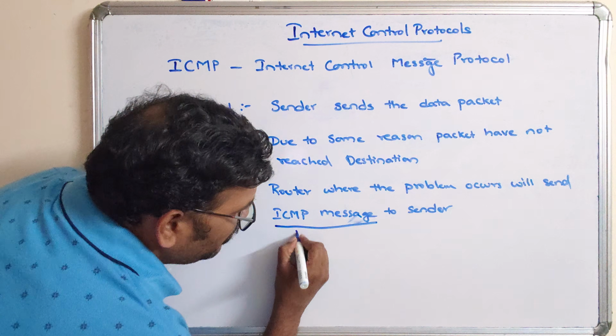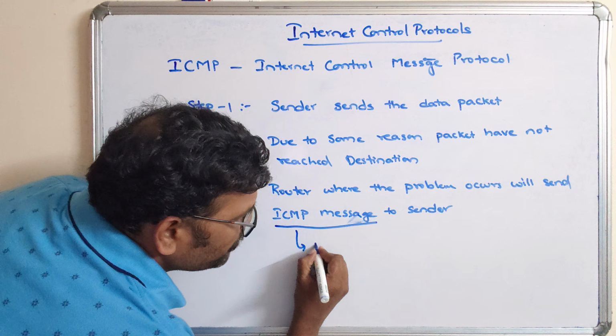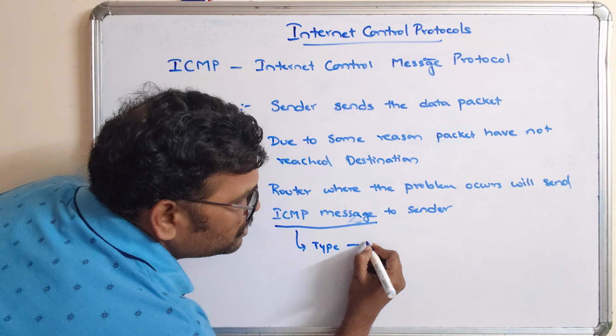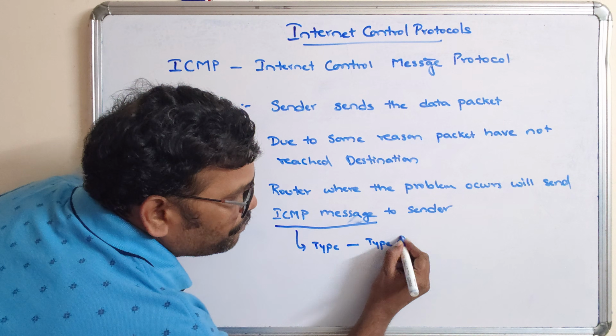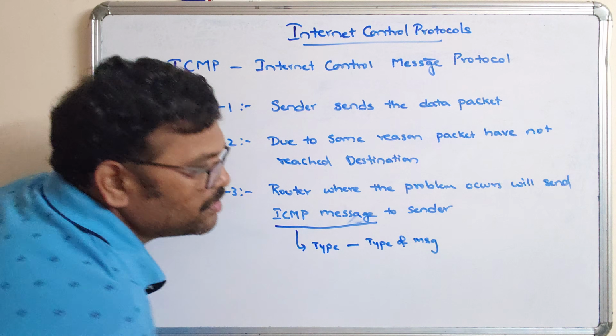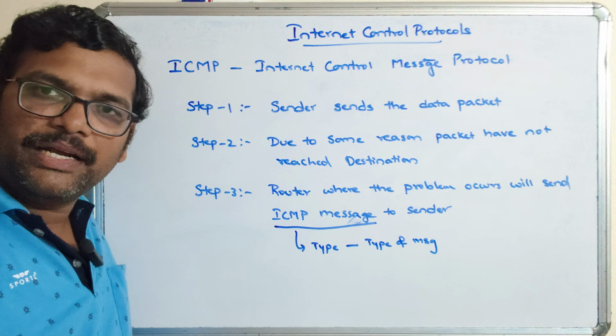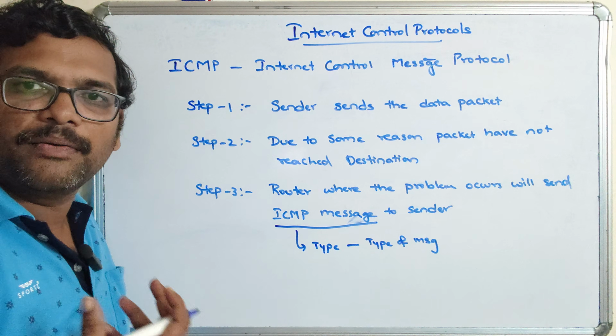The ICMP message will have 4 fields. One is type, which gives the type of message, whether it is an error message or a status of the network.